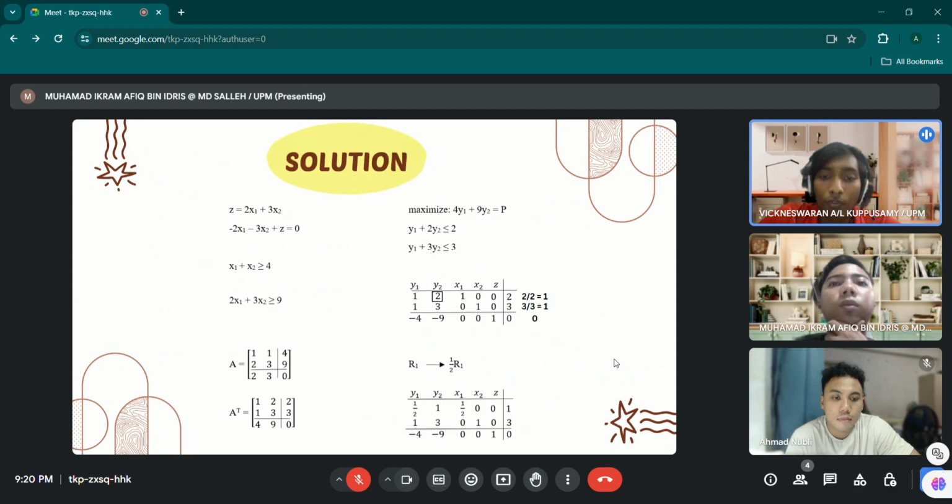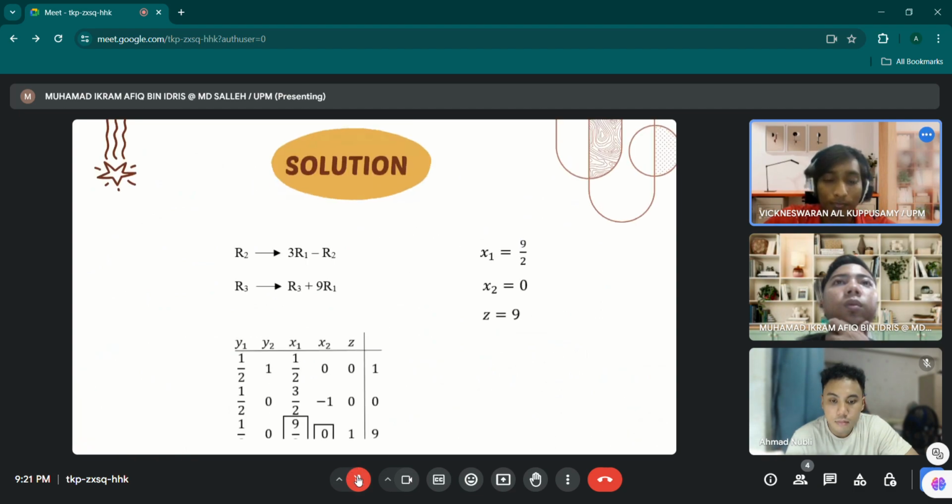To do that, we multiply row 1 by 1 over 2, so that we change the number 2 to 1. After the changes, we get the matrix at the bottom right of the slide, which we will use to proceed to the next step. Next, I will pass to Ahmad Nubli to proceed with the calculation.